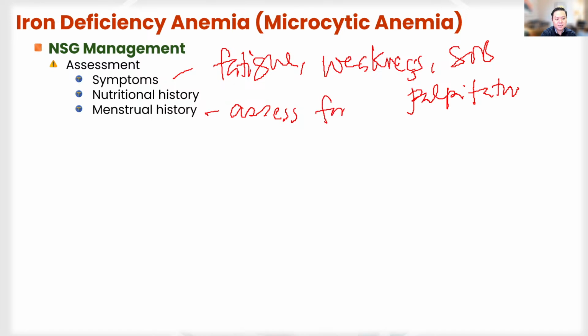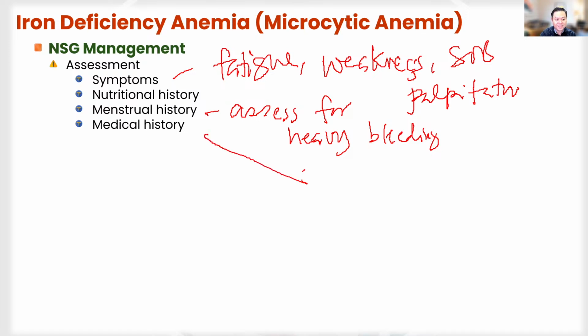Assess for heavy bleeding. We also need to assess for the use of prescription medications or maybe over-the-counter medication. And so we will know for sure if those medications are contributing to the GI bleed, or maybe those medications that may interfere with the iron absorption.